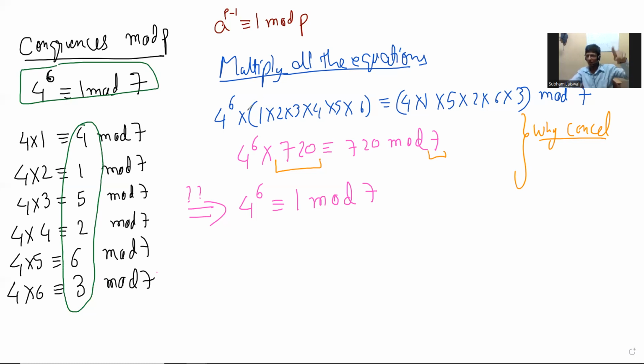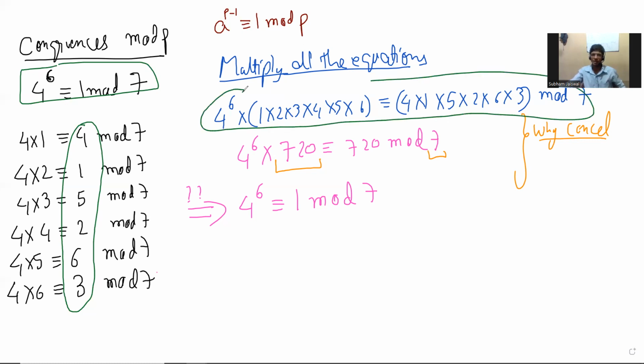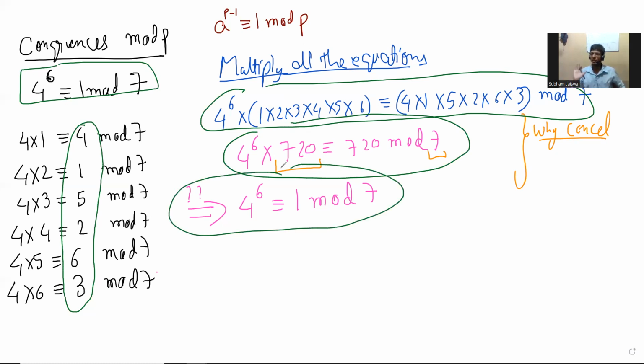Then you multiply these equations. This is something that we had actually proved last time, that you can multiply 2 congruence equations and 3 congruence equations. So we get this. Then we are saying that we can cancel 720 and get this. And that will be the final thing. Okay.